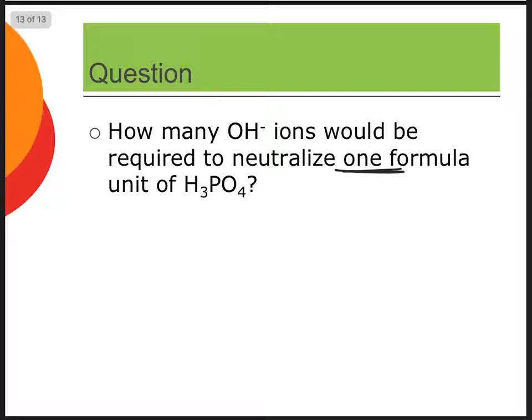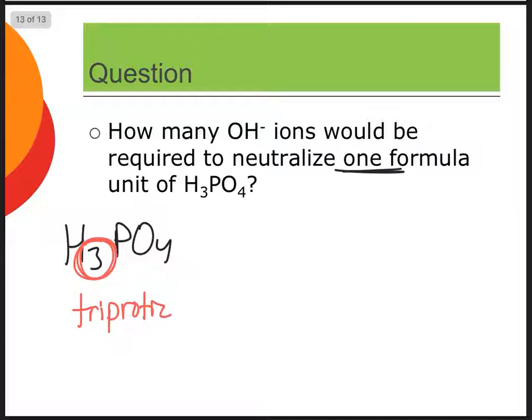Okay, so let's come back and let's figure this out. So H3PO4, and I'm thinking this is pretty obvious, but if not, let's look. H3, it's a triprotic acid, which means 3 H+ ions are going to bump out into the solution when this ionizes.